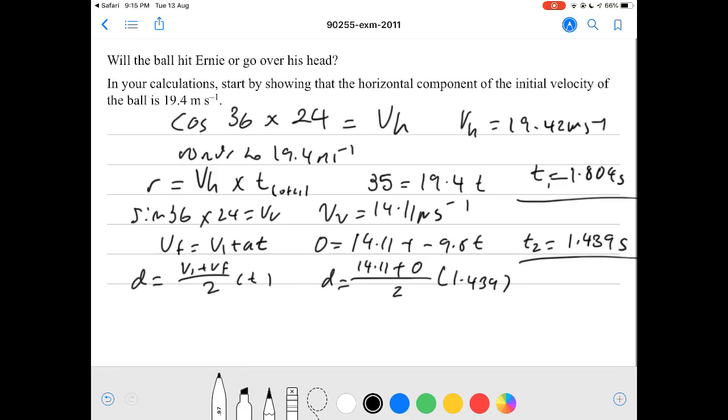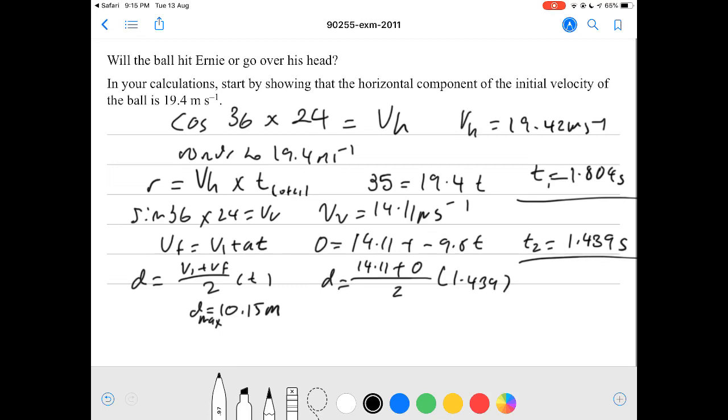If we plug this into our calculator, 14.11 divided by 2 times 1.439, our distance, the max height, should be 10.15 meters.